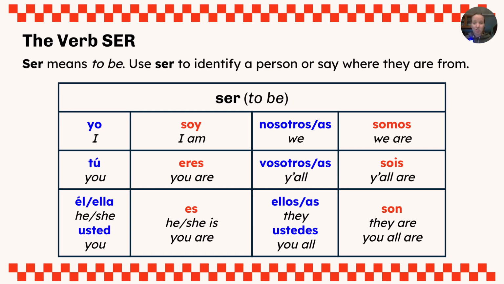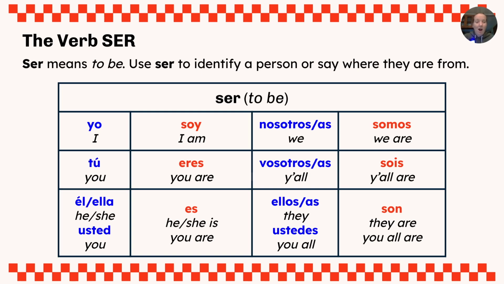We have conjugations in English too. Those are the italicized words below our Spanish conjugations. In English, we know that "I am" is the correct way to say that phrase. We wouldn't say "I are." It doesn't sound right to us. That's because we've learned those conjugations as we've grown up.